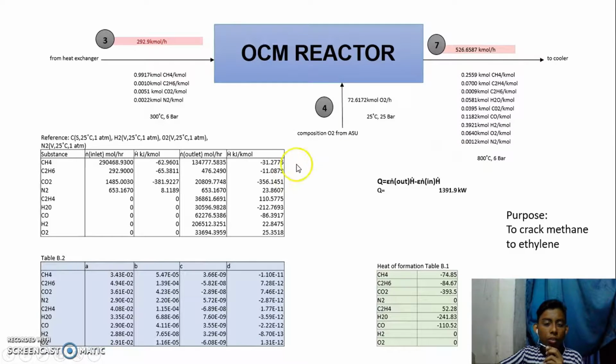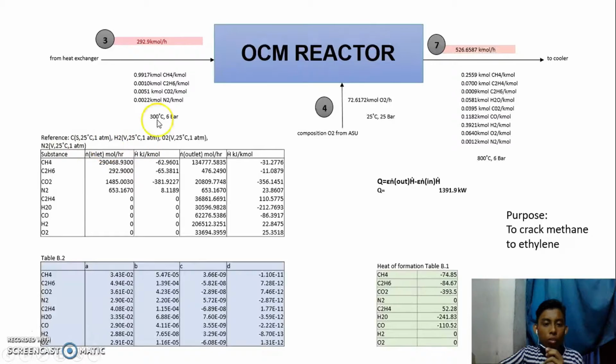This is a reactive unit, so I calculate using the heat of formation method. First, the references are fixed: carbon solid, hydrogen vapor, O2 vapor, and nitrogen vapor at 35 degrees Celsius per atm.